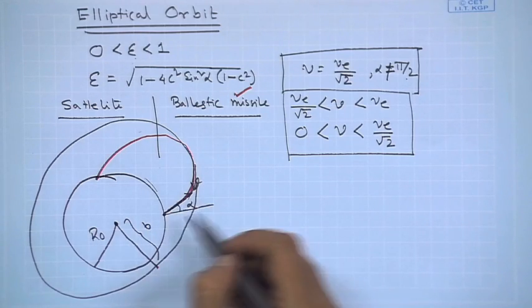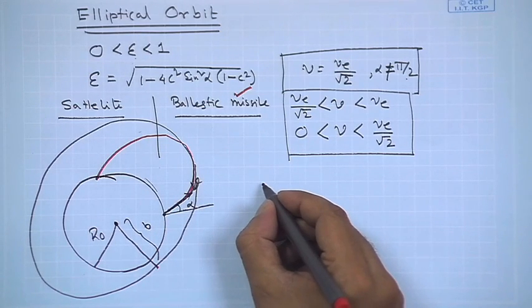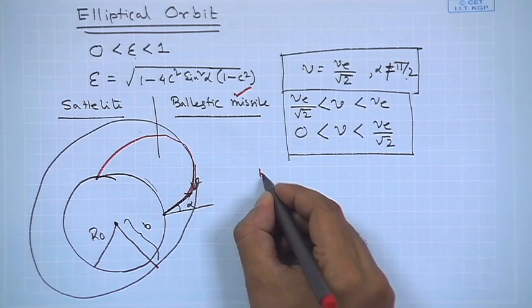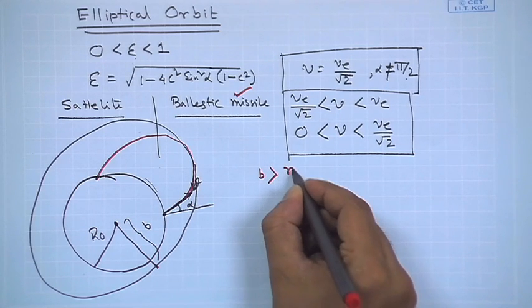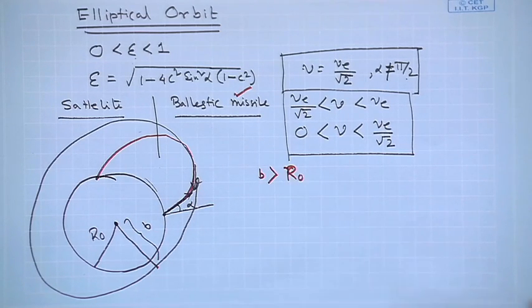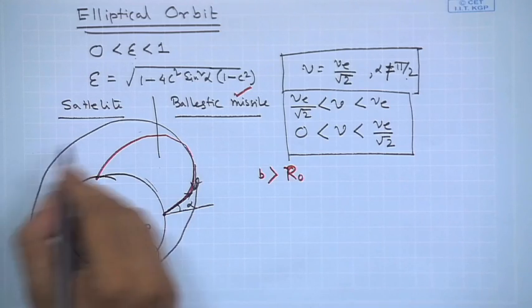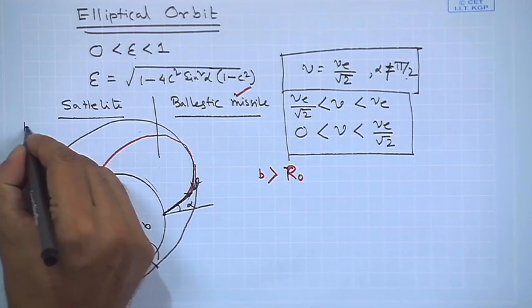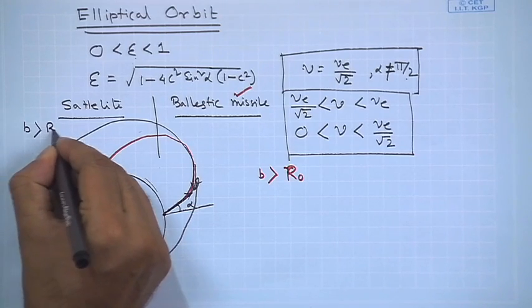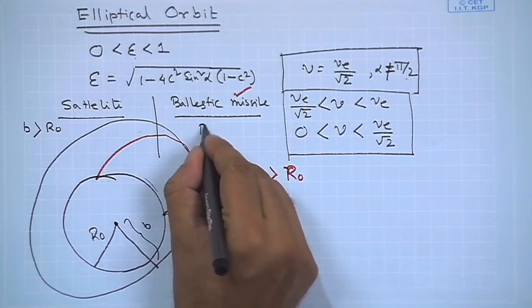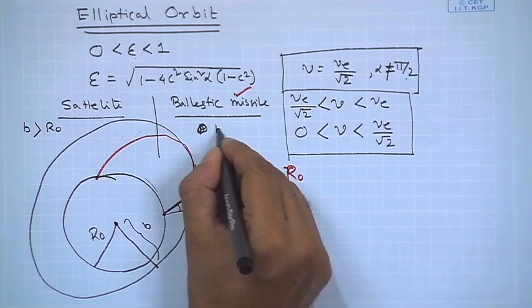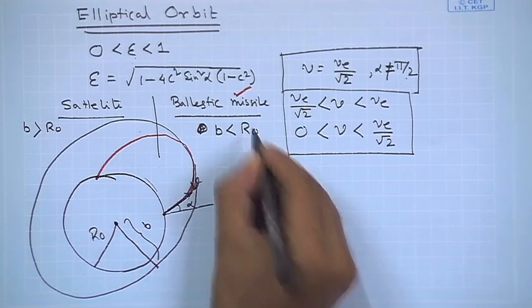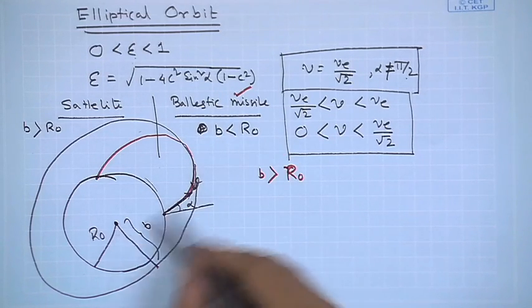So, we have one case where B is greater than R0, that is the case of a satellite, and this is the case when B is less than R0. Why R0?